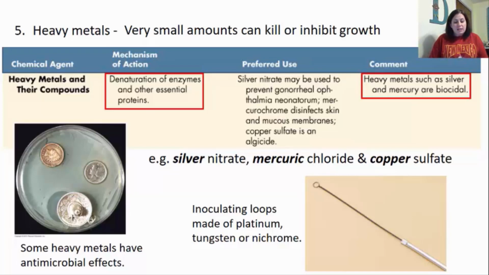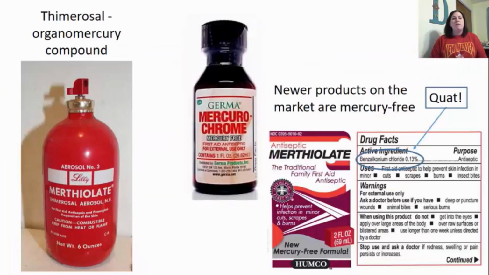Now, when we look at this, guys, the mercuric chloride is very toxic. It's corrosive, and so it's ineffective on organic materials. The chloride, though, also tells you that it has a kind of bacteriostatic role, and so this would be used more as a disinfectant. Thimerosal is an example of an organomercury compound.